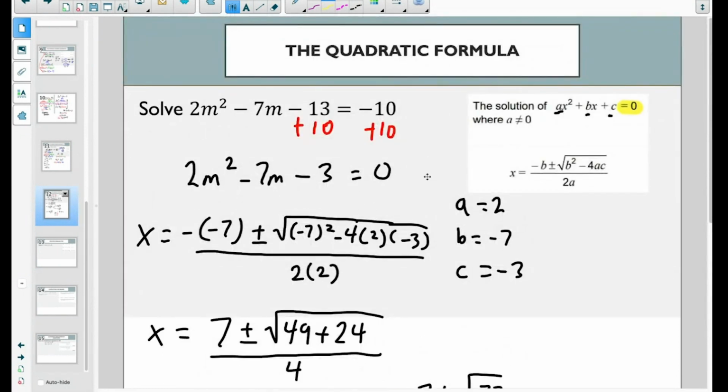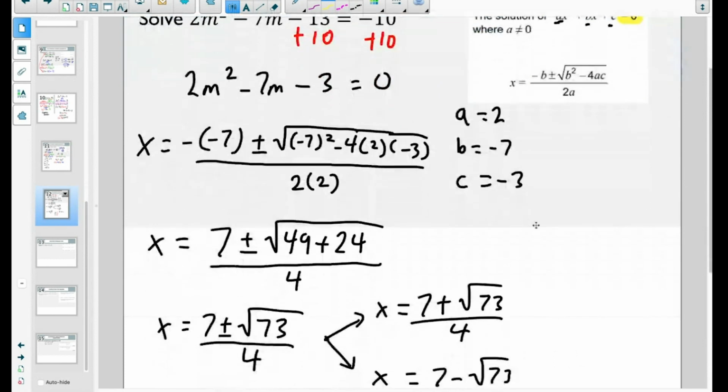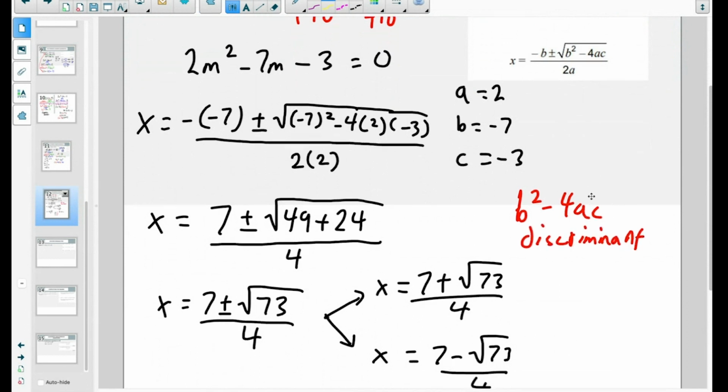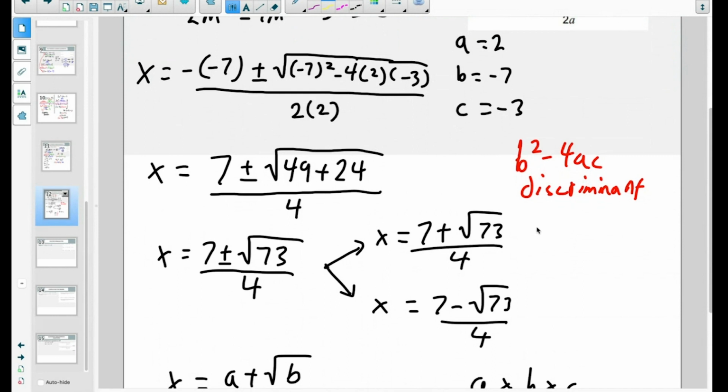Maybe just a quick note, understanding that if we were to look at b squared minus 4ac, this is what we call the discriminant. B squared minus 4ac gives us the discriminant. And there's really three things that we need to know about the discriminant. Maybe I'll move this down here.